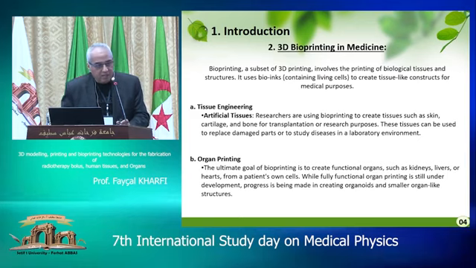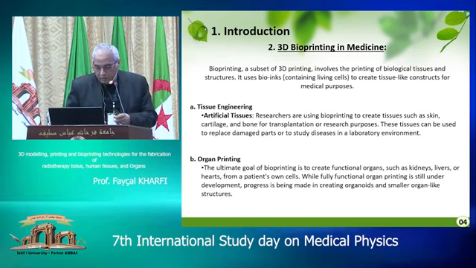It uses a bioink. A bioink is a combination of cells with some hydrogel in order to print different things that we need to print. And here we use a bioink to create tissue-like constructs for medical purposes.